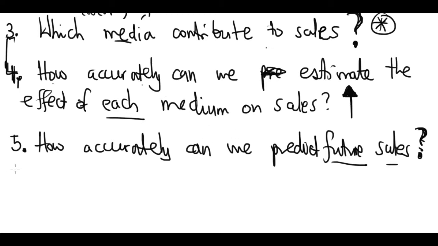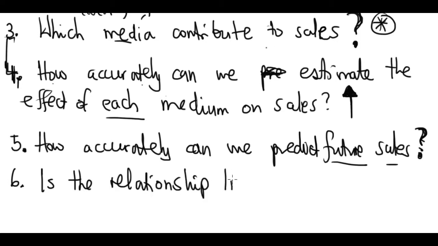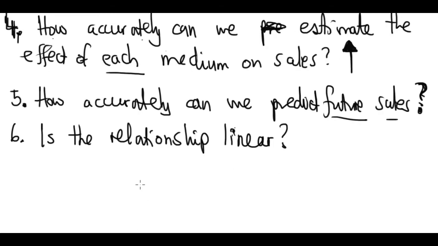And then question number 6 is going to be, is the relationship going to be linear? Is the relationship linear? We're dealing with linear regression in this chapter. So we want to know, is it going to be a linear model?